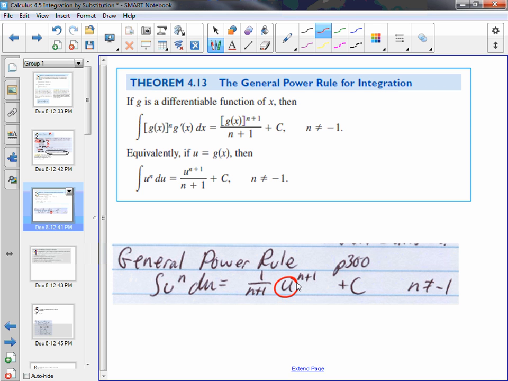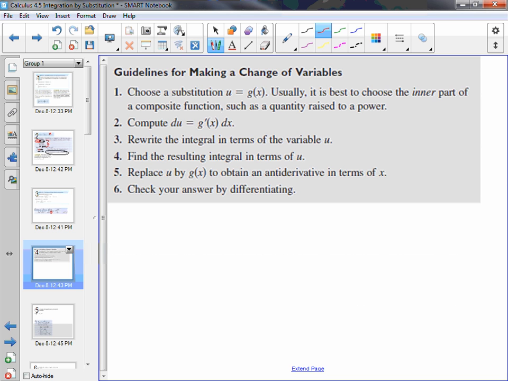Yes, we did. So now as we're taking antiderivatives, one version of the change of variables, or of the substitution, will be called the general power rule for antidifferentiation, or the general power rule for indefinite integrals. And that's where we're going to stop.